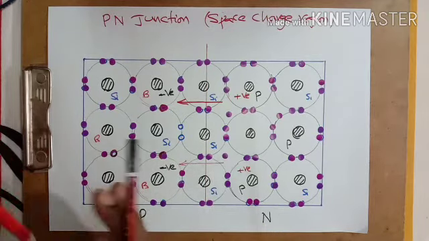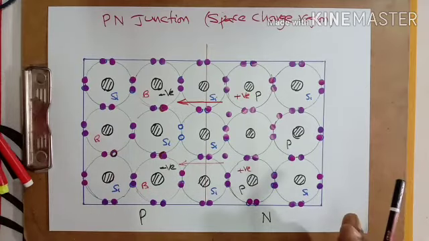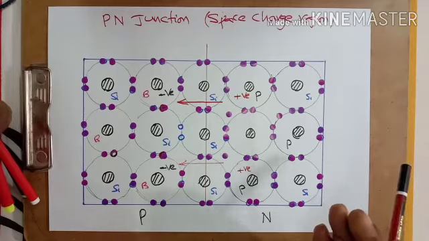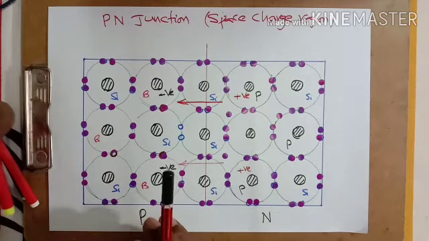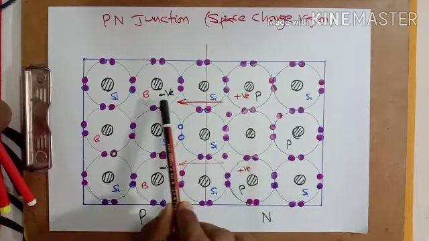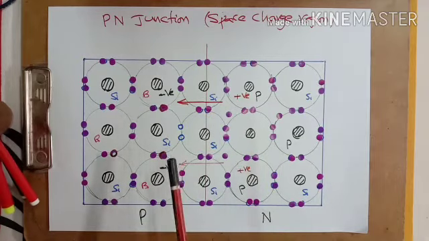The movement of electrons due to the presence of electric field is called the drift current. The movement of electrons, charge carriers, due to the concentration gradient is called the diffusion current. So the diffusion current has to be balanced with the drift current.